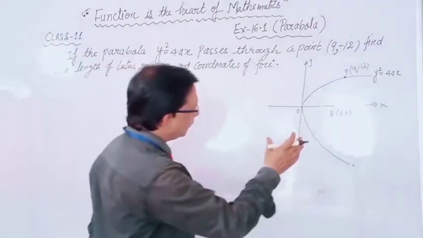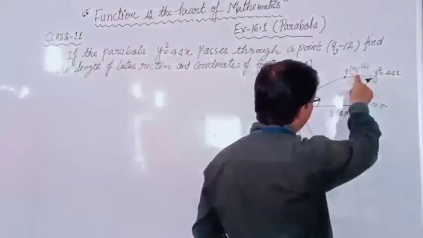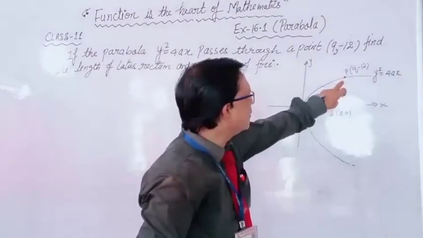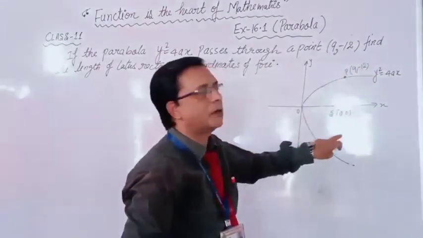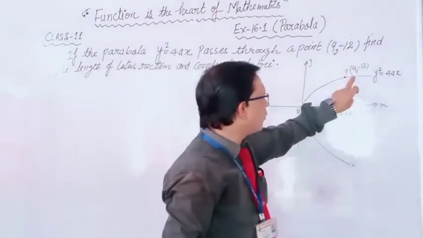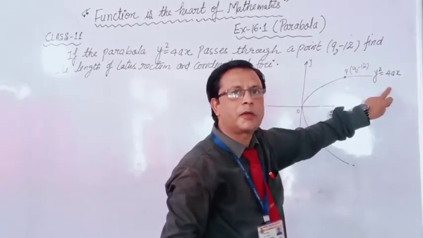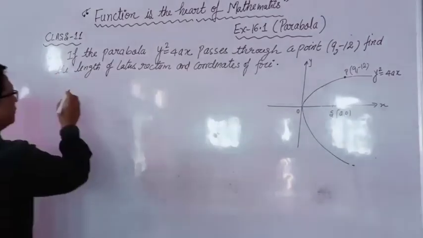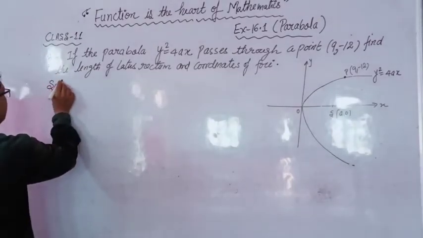Now from the figure we see that if the parabola passes through this point, so this point completely lies on the parabola. It means this point satisfies the equation of the parabola. So let's see the solution.